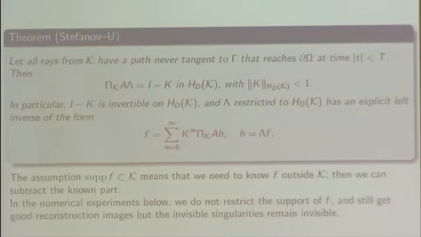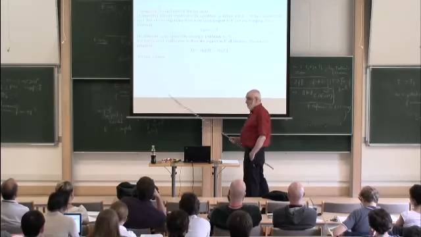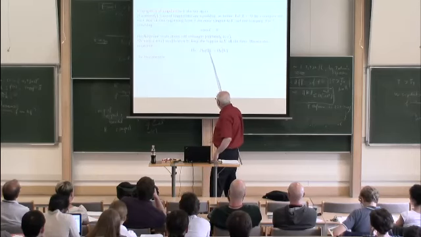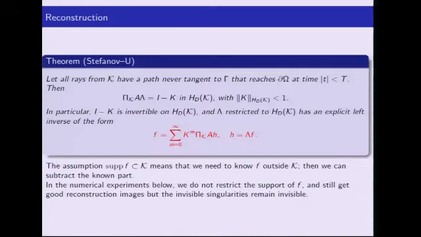Okay, so this is just a projection. This operator is a projection to guarantee that, because I'm assuming that the support is in such a place that all the geodesics starting here leave eventually. So you just take a projection from the energy space, this is, remember, H1, to this compact set. And in this case, you still have a Neumann series. Except for this, that is unavoidable, you cannot do better than that.